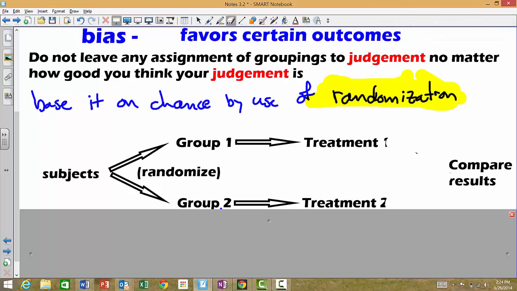To randomly split these into two groups, this is the symbol for randomization, a little arrow here. That means randomize. That means I took my subjects and I randomly put them into group 1 and group 2. After I randomly put them into group 1 and group 2, I imposed the treatment on both, and then I compared my results.